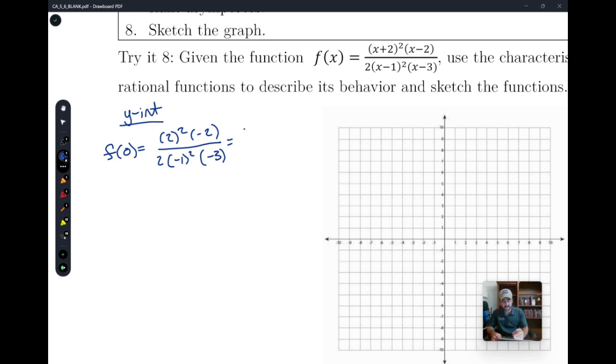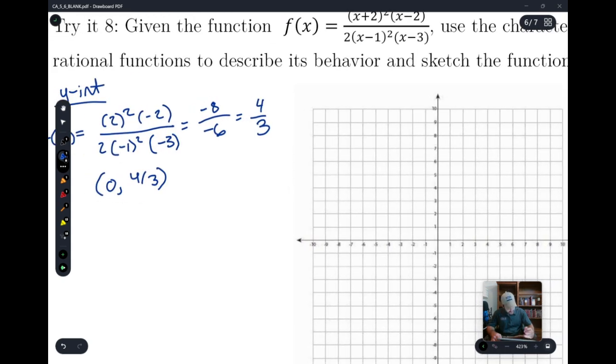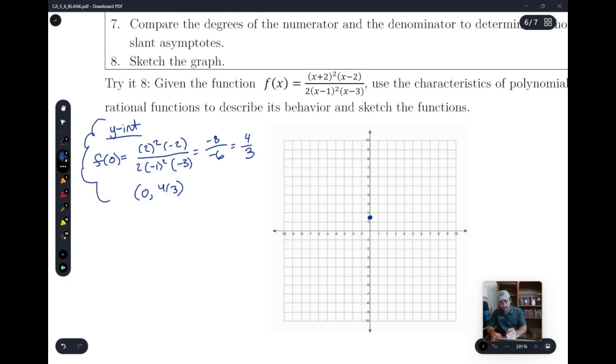So that would be 4 times -2 is -8 over 1, so 2 times -3 is -6, and we get 4 over 3. So our y-intercept is (0, 4/3). So we're a little bit above 1, so maybe right there. Keep these in different colors. We did the first step.